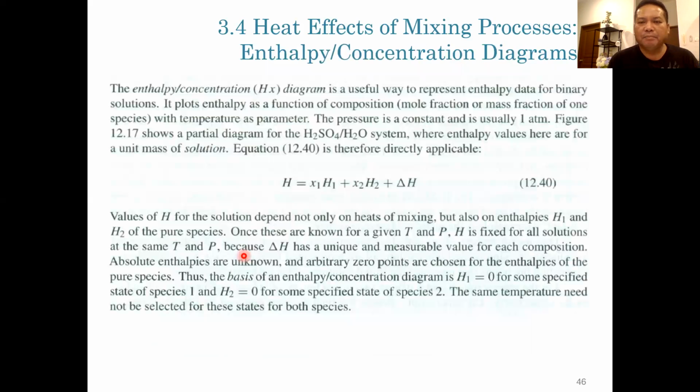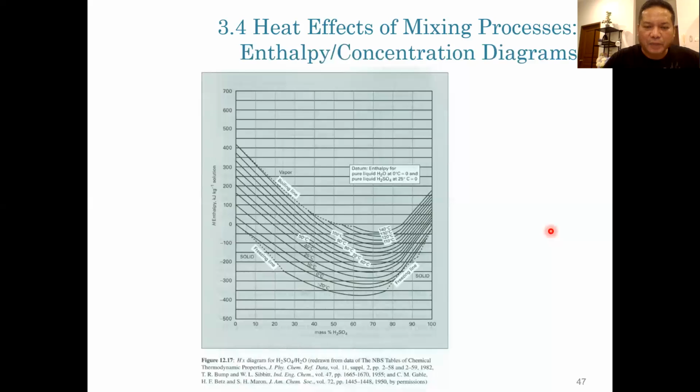Enthalpy concentration diagrams. Okay, guys, we can plot it here. H equals H1 S1 plus H2 S2 plus delta H, and then we can plot it against the concentration according to the temperature. From this we can know how much water, I'm sorry, this is for sulfuric acid and water.